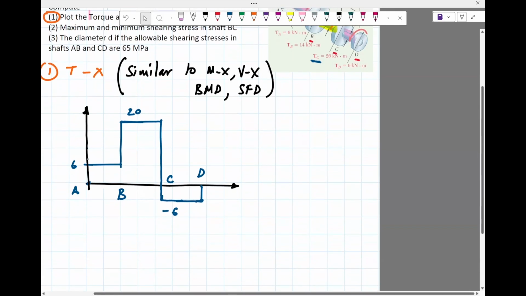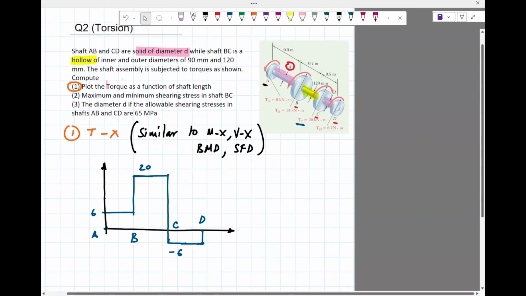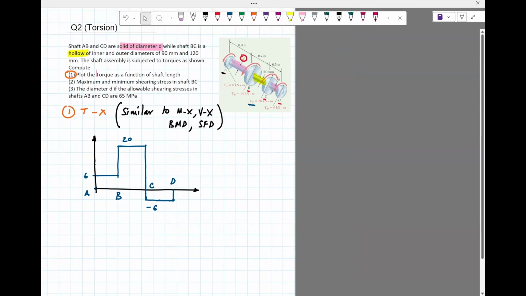This is important, because without this you cannot find the location of maximum shear stress, because that depends on the maximum torque. So then the question is, what are the maximum and minimum shear stresses in shaft BC?